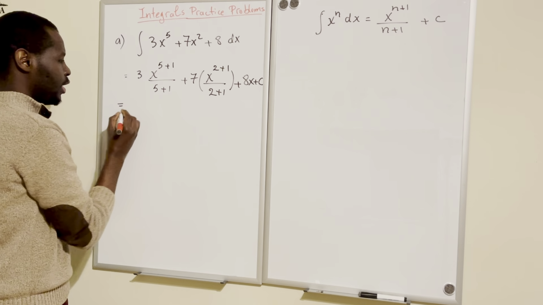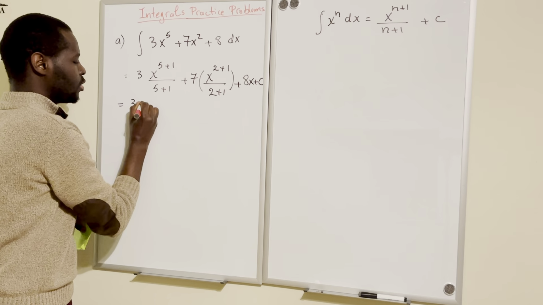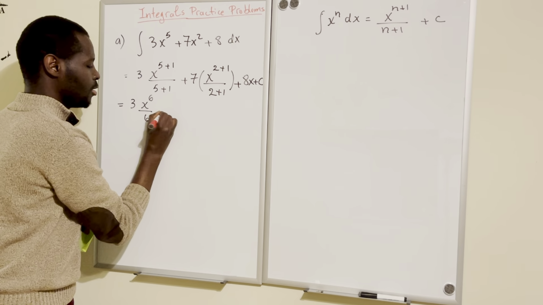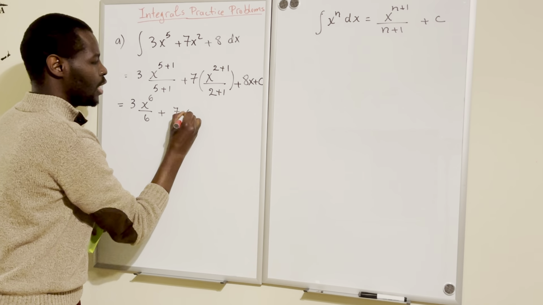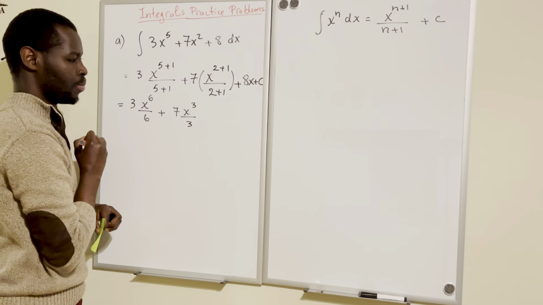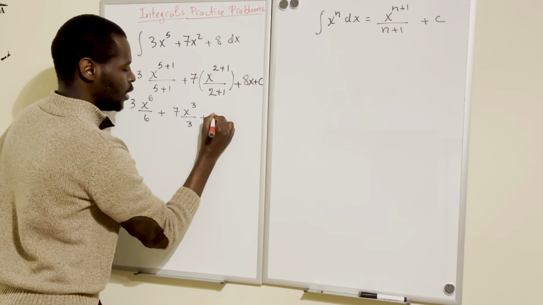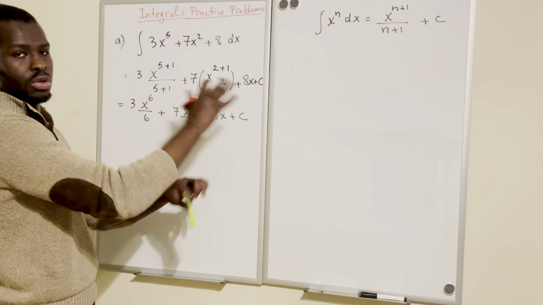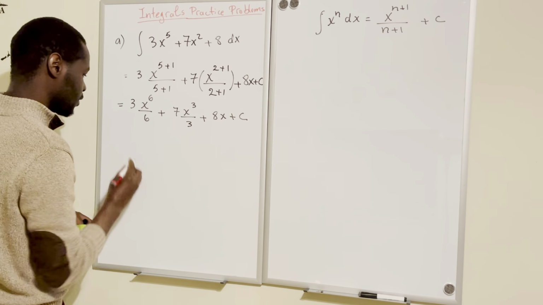Sorry, I'm running out of space here, but this is a c. I will go ahead and rewrite it here. So 3x to the power 5 plus 1 is 6, divided by 6, plus 7x cubed over 3, 2 plus 1, plus 8x plus a constant. Again, this is just a general constant of all the constants.